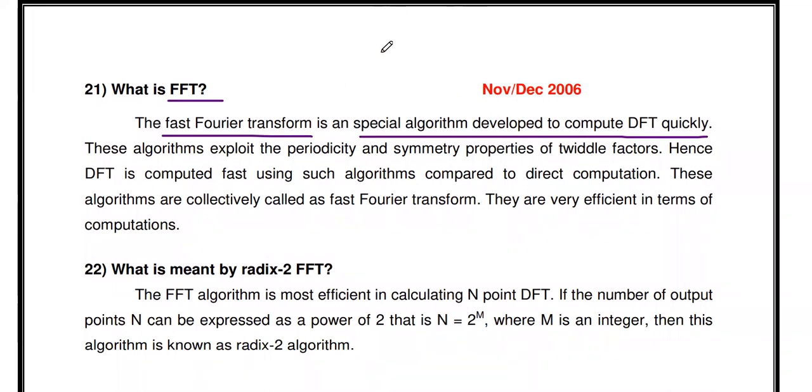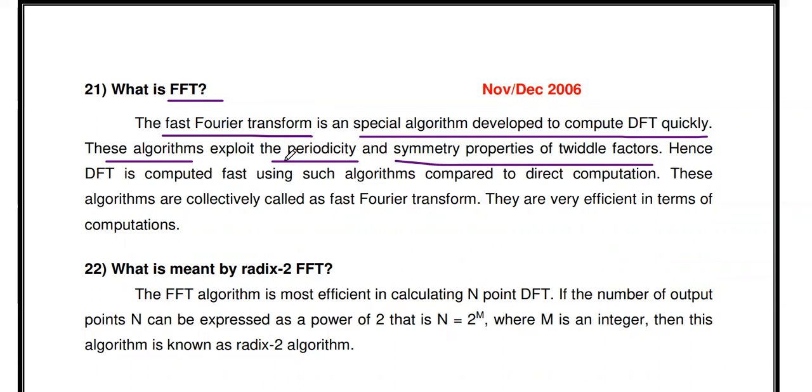So instead of that method, if we want to find the DFT of the given sequence x of n in the fastest manner, we have to use the algorithm. It is called the fast Fourier transform. It's a special algorithm developed to compute DFT quickly. And these algorithms exploit the periodicity and symmetry properties of the twiddle factor.